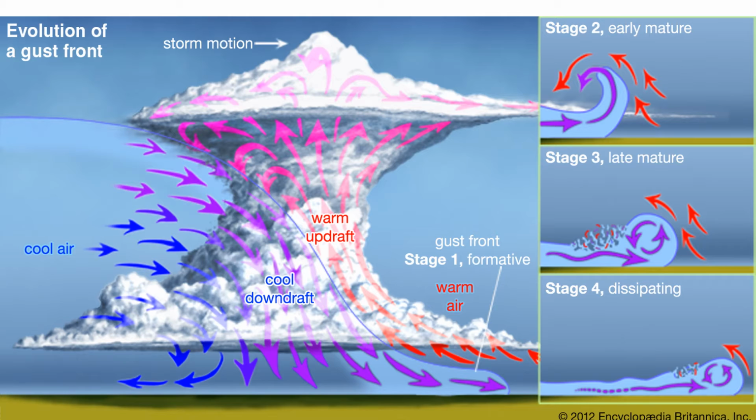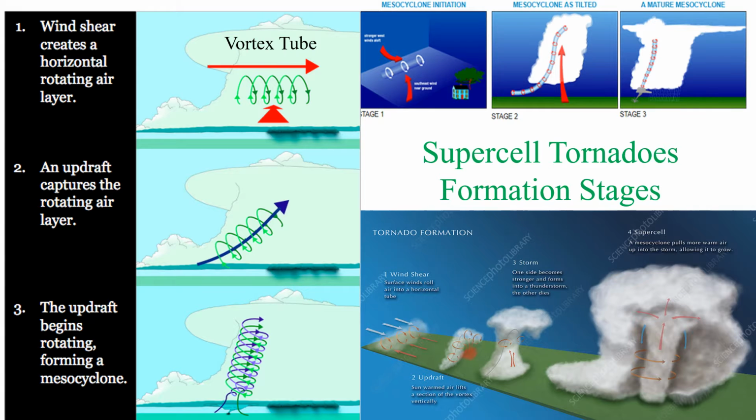If we look at this, there is a directional shear in the vertical, as the surface winds are southeasterly and a kilometer or so above the surface they are westerly. There is also a speed shear in the vertical, and the wind speed increases rapidly with height.